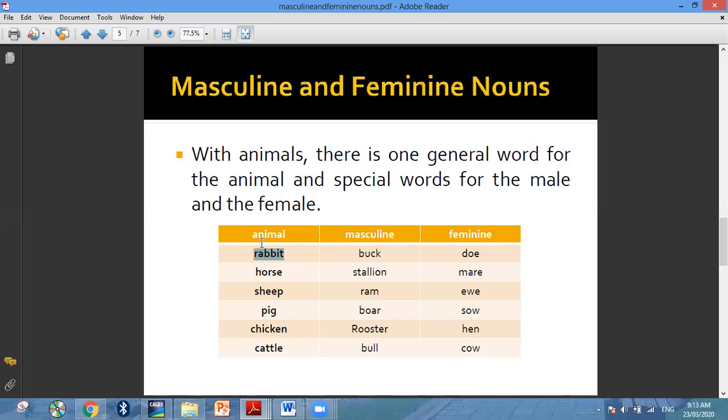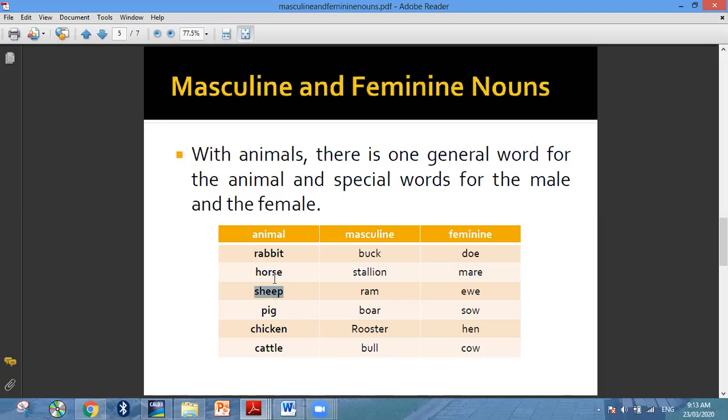If you have an animal that has all the characteristics of a rabbit, it's called a rabbit. Male or female, this is something we can use later, like buck and doe. Horse is the name of the animal. Stallion and mare, this is the male and this is the female.